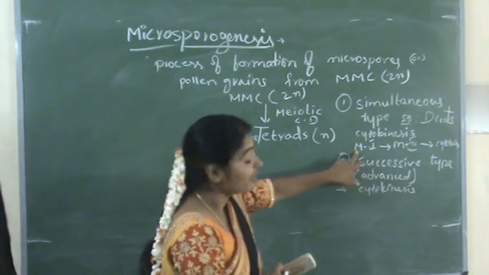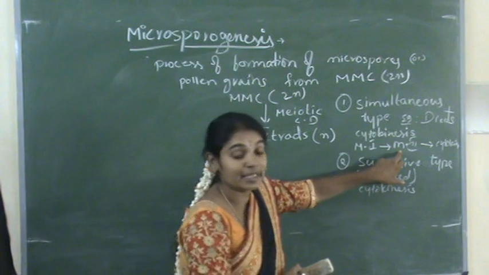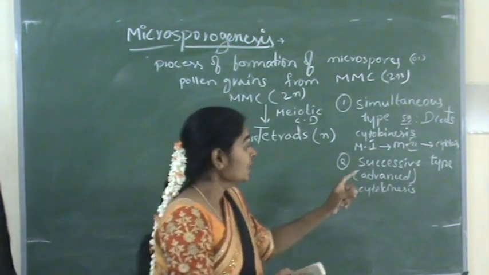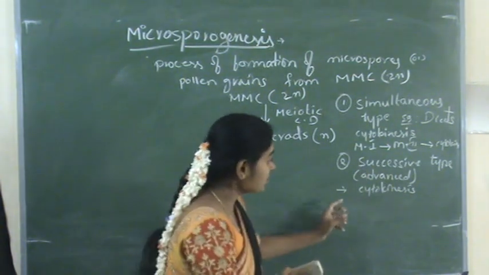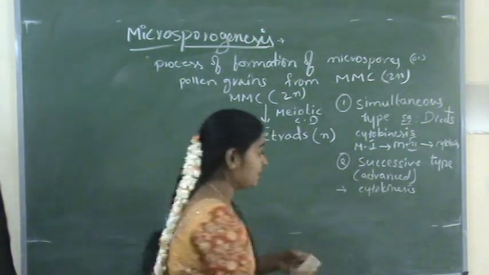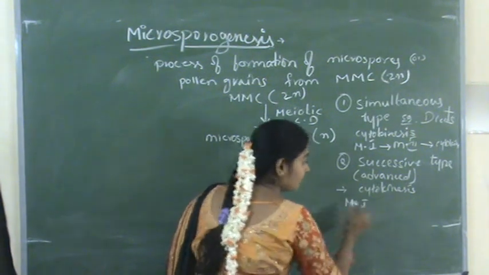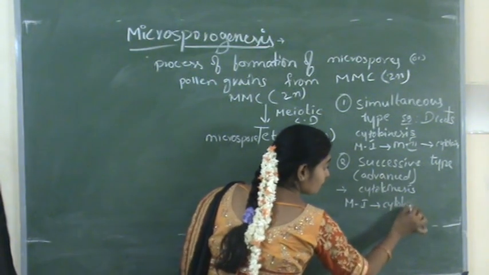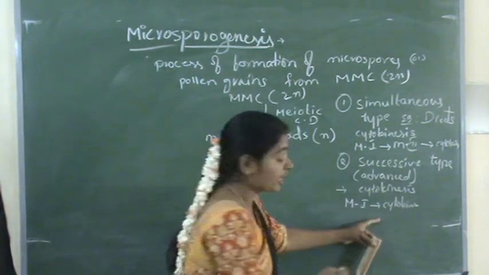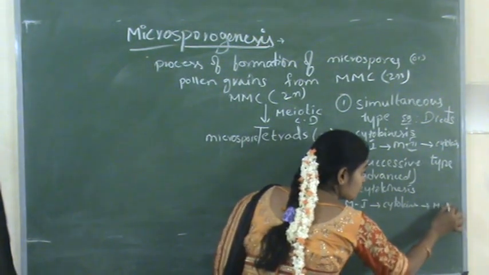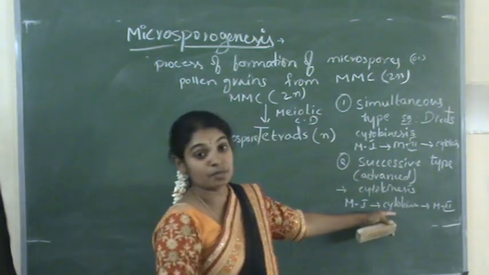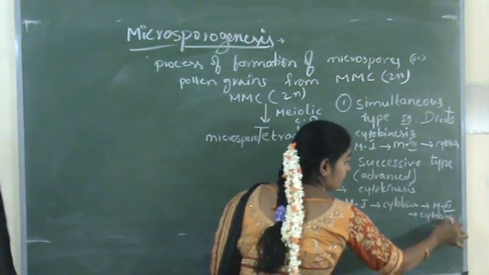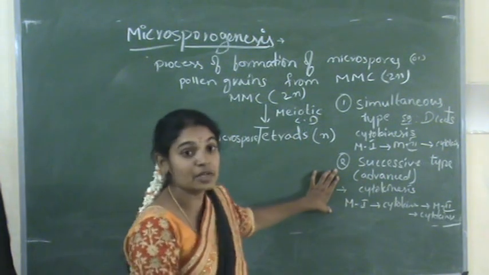First meiosis 1, after meiosis 1 cytokinesis, then again meiosis 2, and after meiosis 2, cytokinesis once again. So this is the successive type.